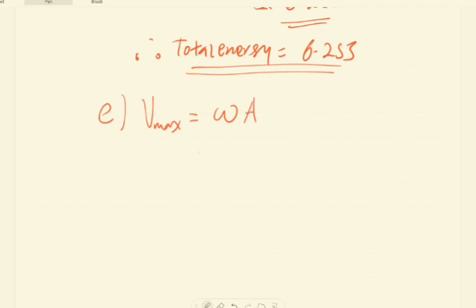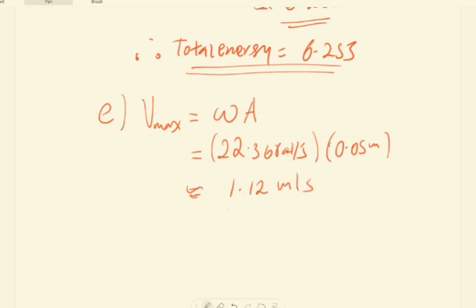So that being said, this will be equal to, from our result, the omega is simply 22.36 rad per second times the amplitude, which is given by 0.05 meter, and you will get approximately 1.12 meter per second. So this will be the maximum velocity.